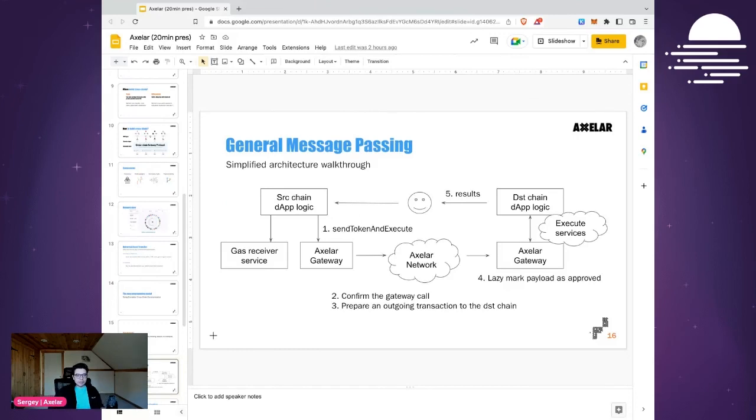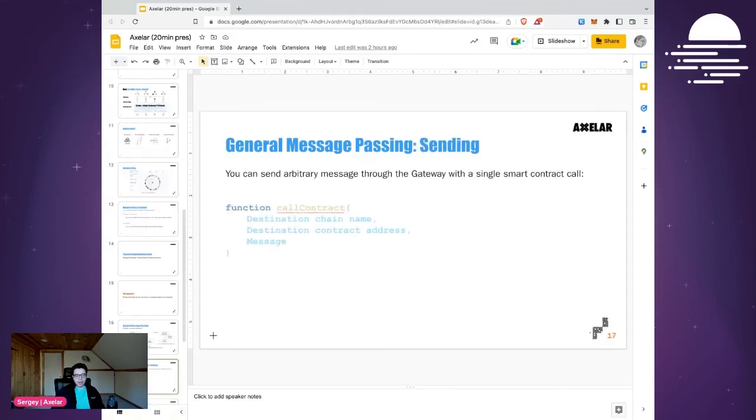So I won't go into the details of how this general message passing paradigm works. On a very high level, you have contracts that you can write on the source and destination chain, and you can use the Axelar gateway and the message passing protocol to send those messages and synchronize them with one another. I'll leave it to you to study this and hopefully play with the different developer environments that we have.